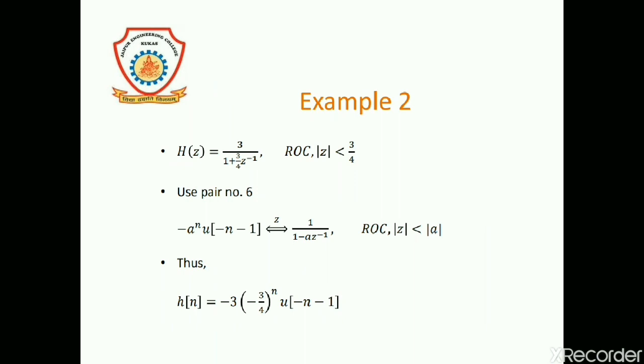So after taking the inverse Z transform using this formula, we will get h[n] equals minus 3 times minus 3 by 4 to the power n u[minus n minus 1]. So we have obtained h[n], the input signal, after taking the inverse Z transform.